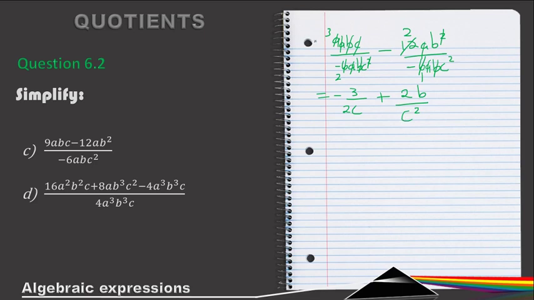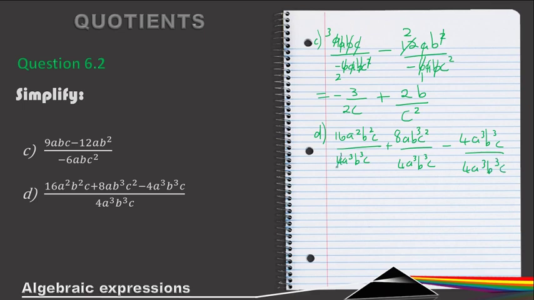So this was C. Now for D, I've got 16a squared b squared c over 4a cubed b cubed c plus 8ab cubed c squared over 4a cubed b cubed c minus 4a cubed b cubed c over 4a cubed b cubed c.